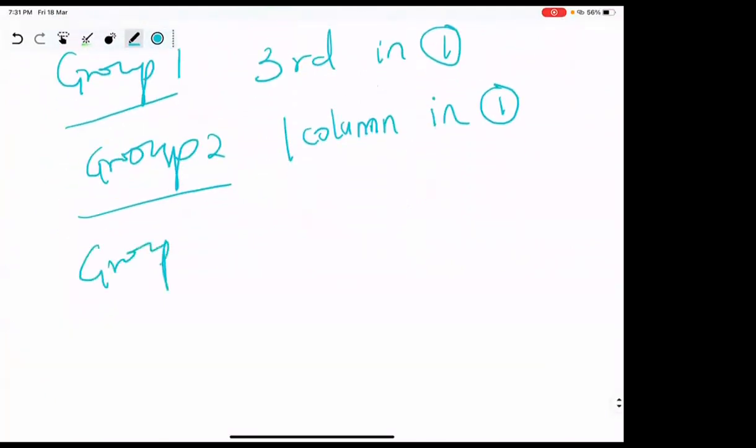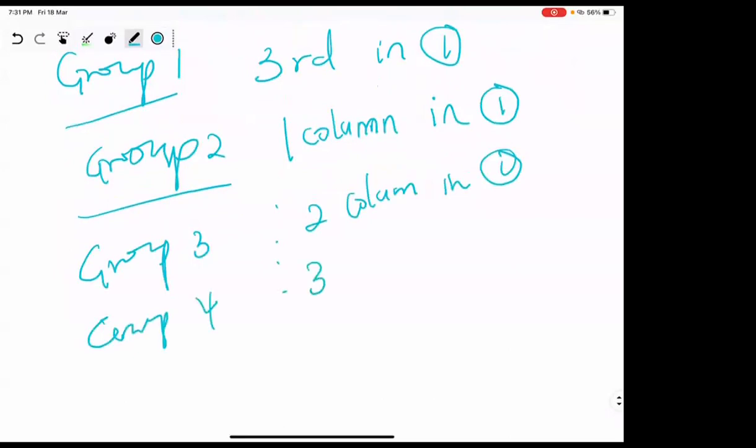And group 3, you're using the second column in question 1. Group 4, you are using the third column in question 1.